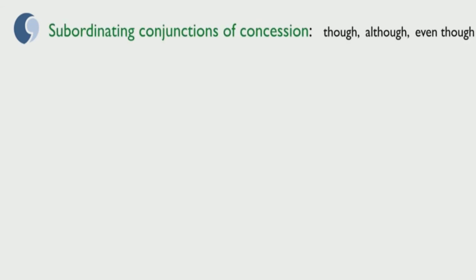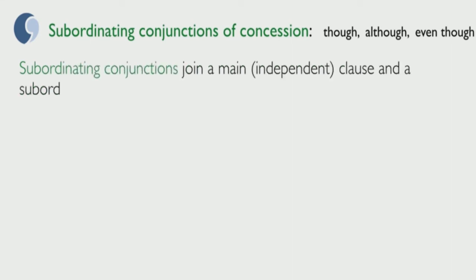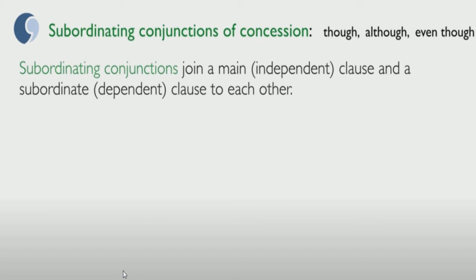Okay, let's look at subordinating conjunctions of concession, which are though, although, and even though. As you know, subordinating conjunctions join a main or independent clause and a subordinate or dependent clause to each other. Ну, значит, такой будет тяжелый перевод, да? Придаточные предложения, уступки.